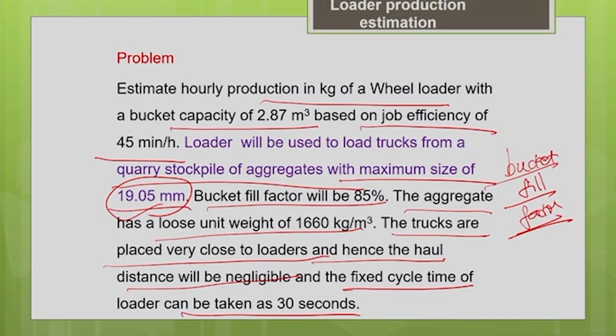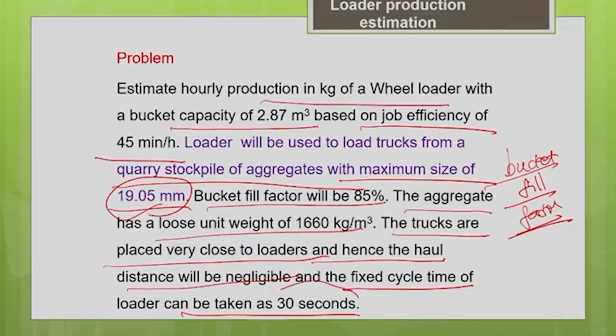That will include your time for loading, dumping, turning, changing the gears. Mostly it will work in the reverse gear, as I told you, the ideal setup. The time for the minimum travel involved for that minimum distance is given directly by the manufacturer, and here it is found to be 30 seconds.